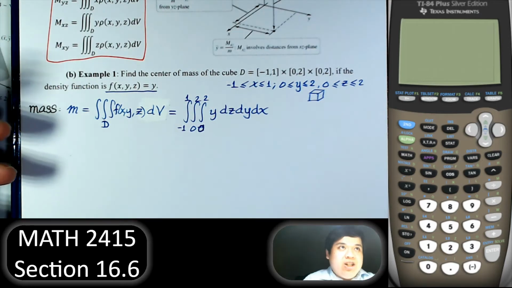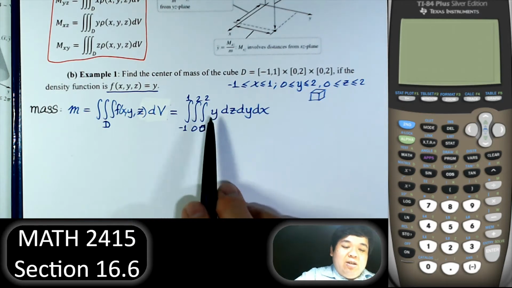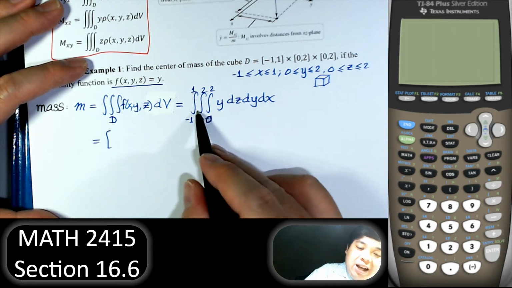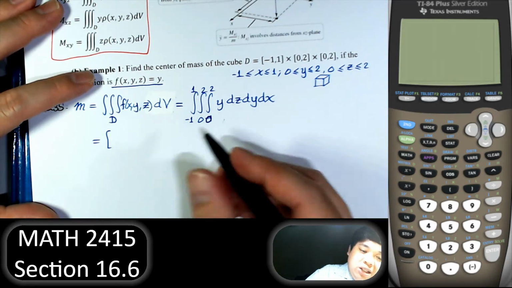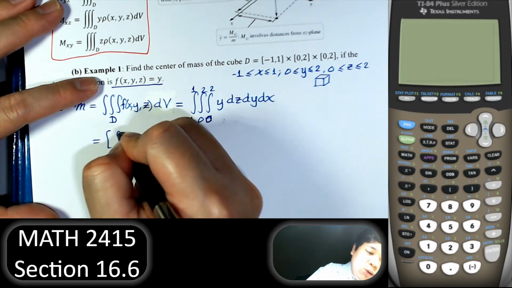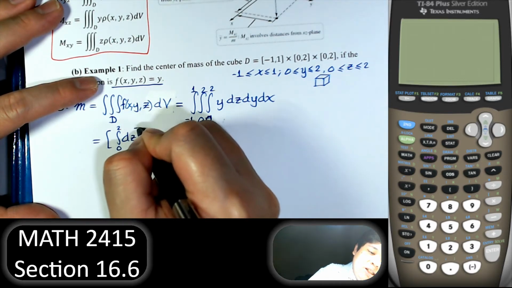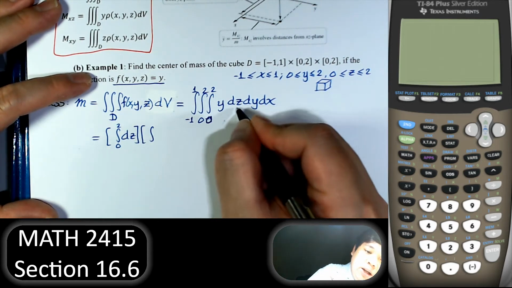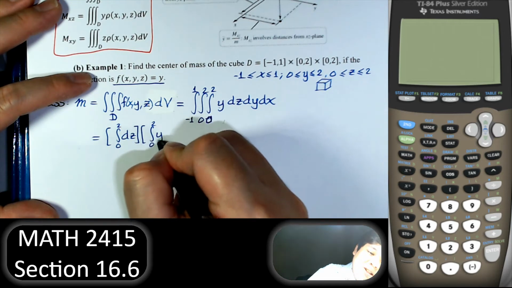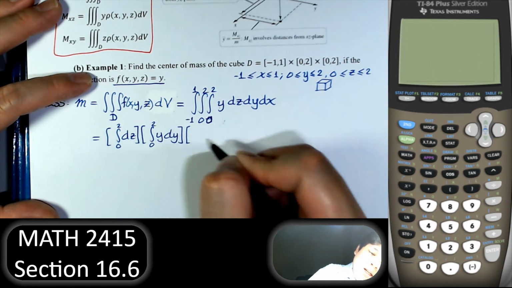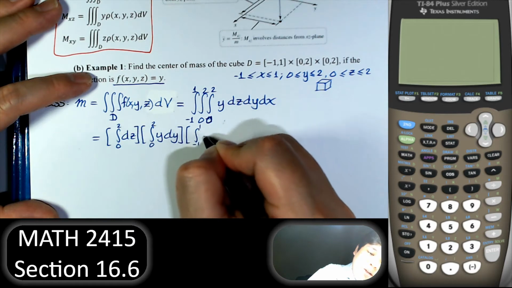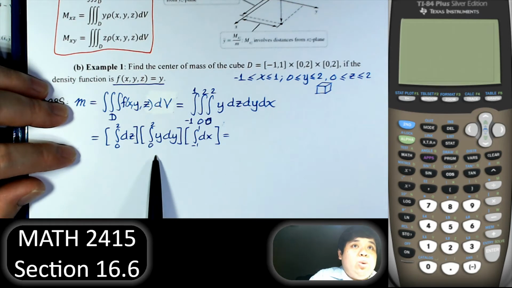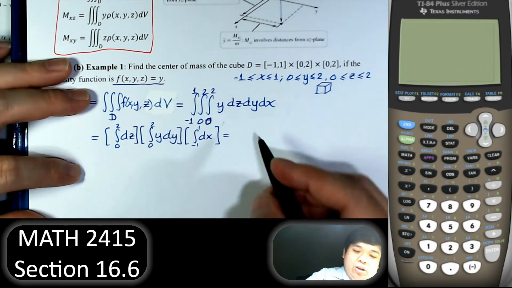Once again, for Fubini's theorem, the limits are constant and the function is separable. So we can just group all of them on the z, on the y, and on the x. On the z we don't have anything but the integral from 0 to 2 of dz. For y, we have the y. And for dx, from negative 1 to 1 of dx. So this gives us y squared over 2, and putting 2 in, that is 2.